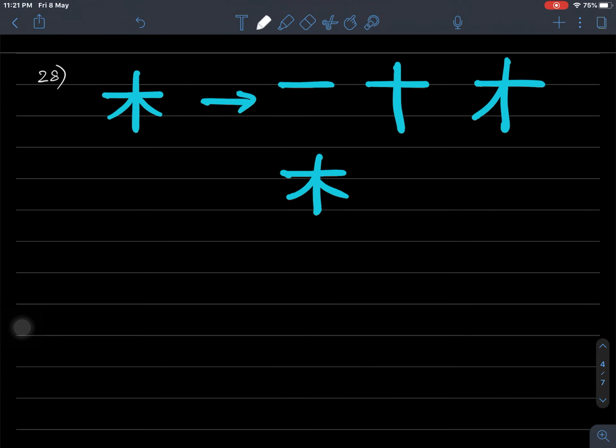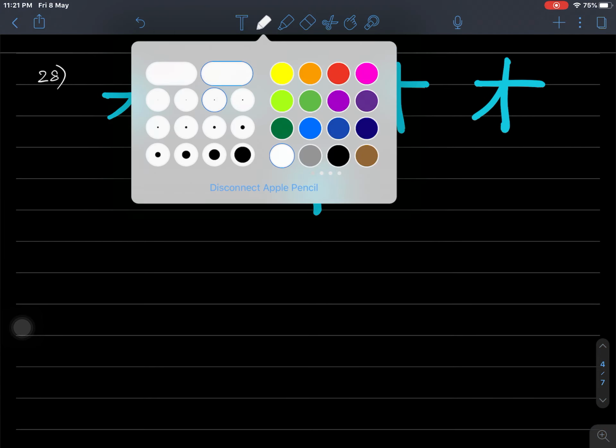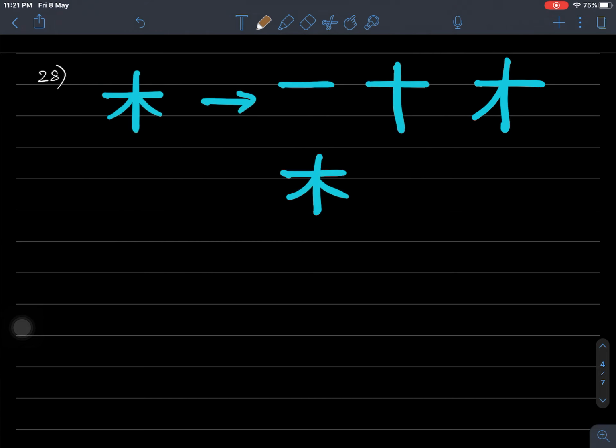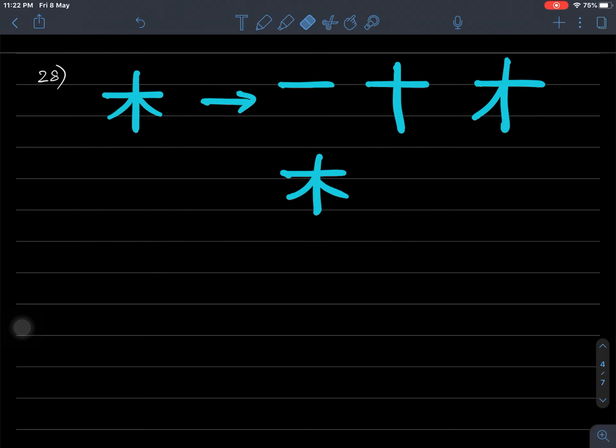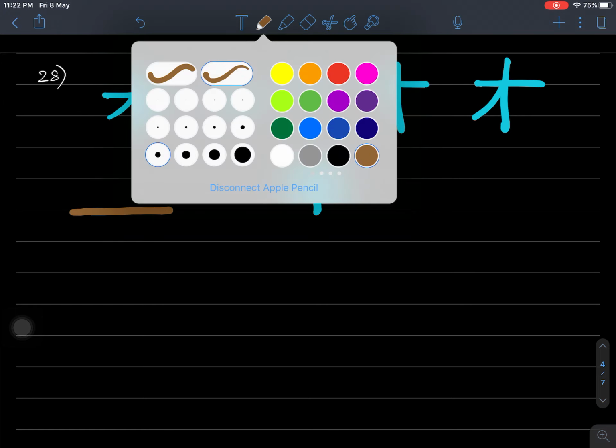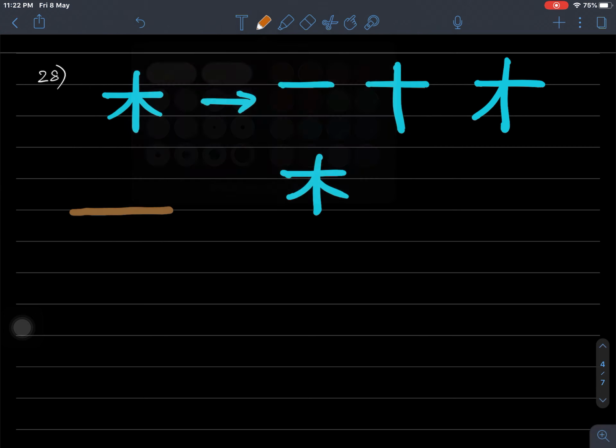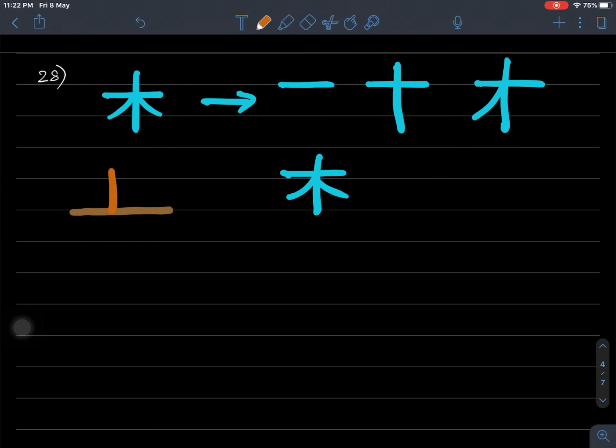Okay, moving on. Again, another kanji which we have already seen in the introduction video, if you actually saw the introduction video. So let's have a look at that again. Let's say this is the ground, and you have a tree like so.